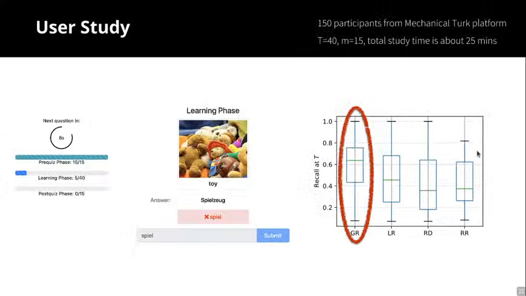Okay, so we did a real-world user study by designing a teaching interface that interleaves teacher and user interactions. We recruited 150 participants from Amazon Mechanical Turk, and we're trying to teach 15 concepts over a total of 40 iterations.